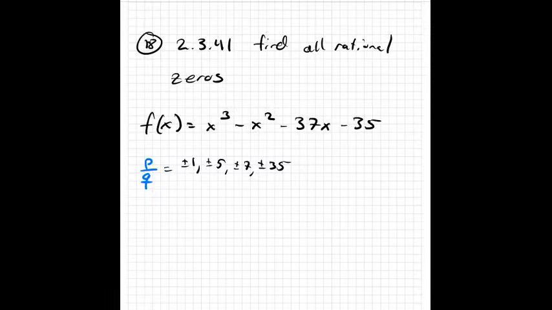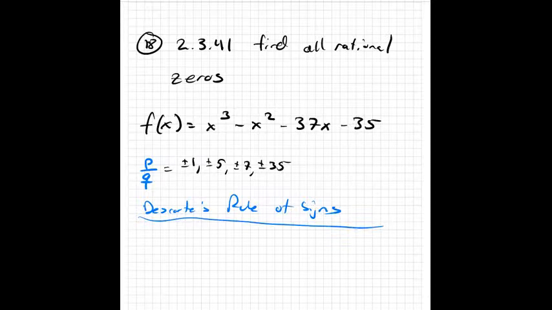Next thing that we did last time, we did Descartes' rule of signs. Okay, so if we evaluate f of x, we count the number of sign changes in f of x, that'll tell us the number of possible positive zeros.